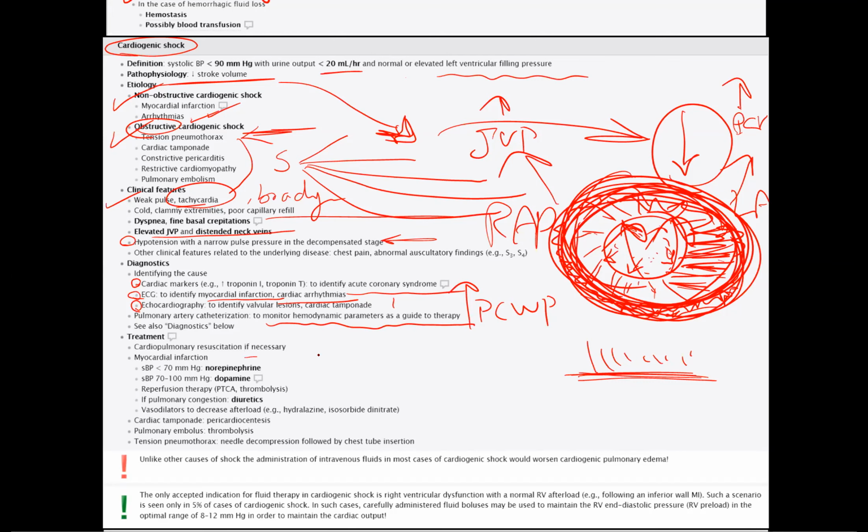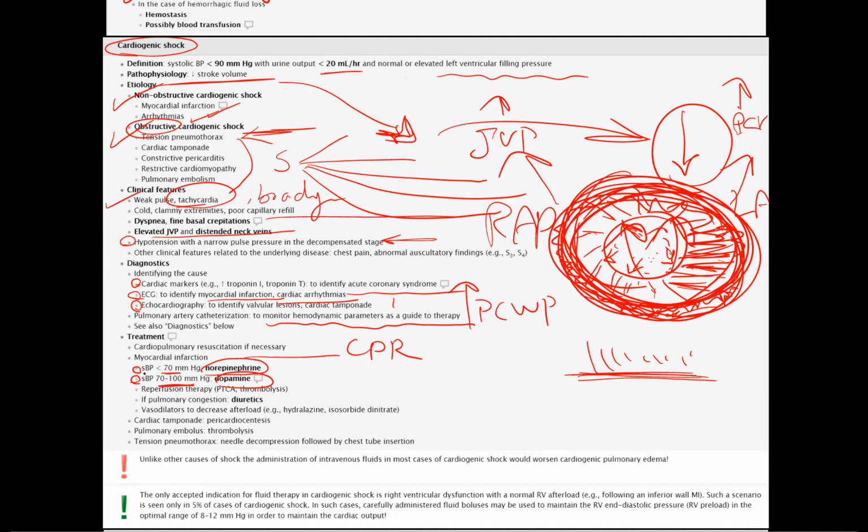Treatment: CPR if necessary, cardiopulmonary resuscitation, and treatment of myocardial infarction. According to the systolic blood pressure, less than 70 or from 70 to 100, we use norepinephrine versus dopamine. Okay, this is the new guideline.